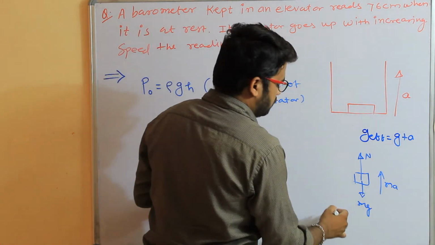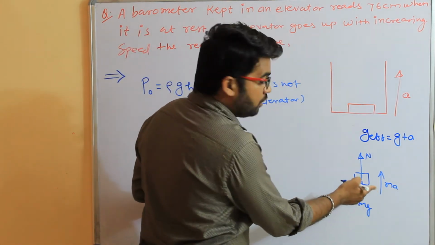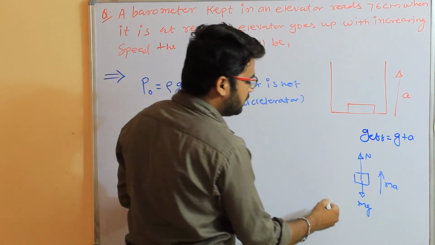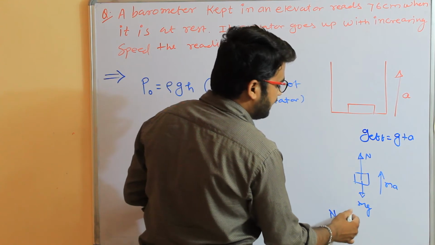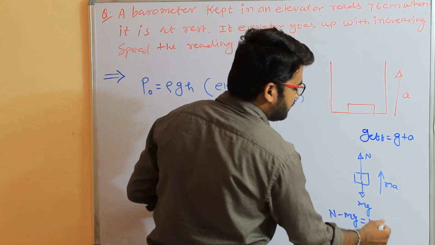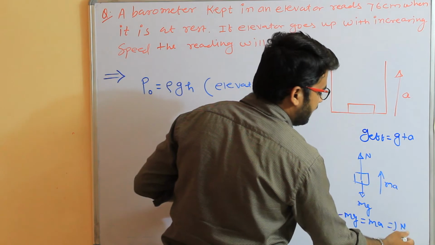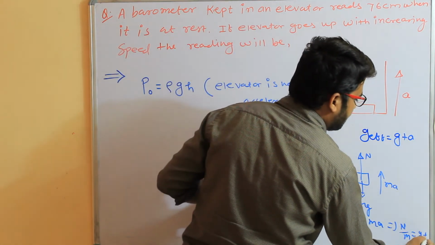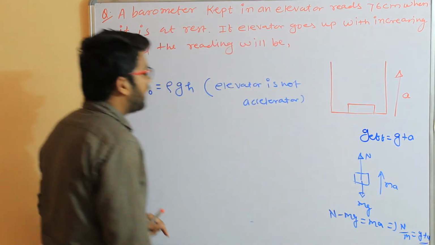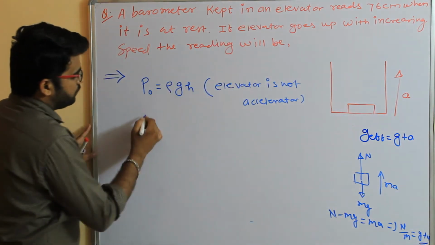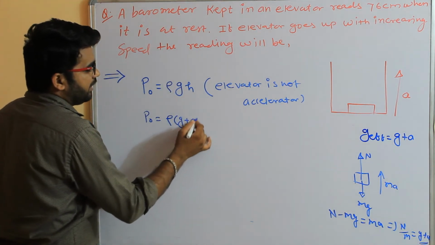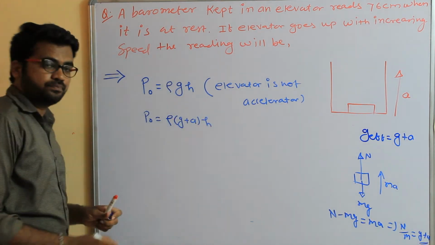So the greater force will be normal and the mg will be lower, so that's why it is N minus mg, which is equal to ma, and from this you will get N by m, and that is the effective acceleration, which is equal to g plus a. So if you put this value over here, rho into g plus a into h dash, right?